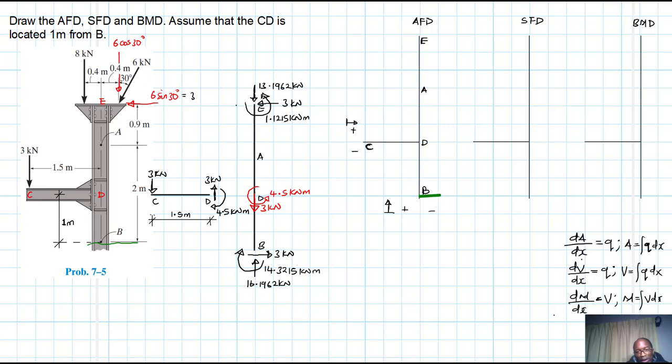16.1962. So let's say our negative value, that is so thick, let's change it, somewhere there. Let's say that value is the value at B, the initial boundary value, which is 16.1962 kilonewtons.